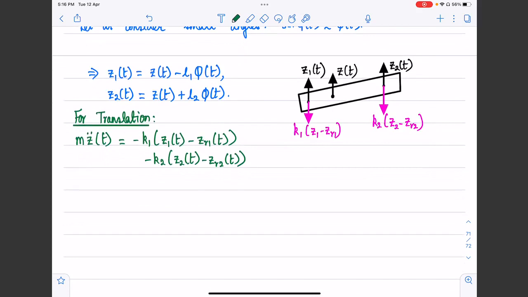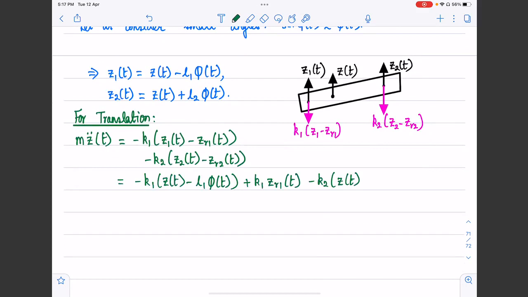Now we substitute for z1 and z2. So if I substitute, z1 is equal to z minus L1 phi of t, plus k1 zr1 of t, minus k2 times z2 of t, where z2 is equal to z plus L2 phi. All right, plus k2 zr2 of t.